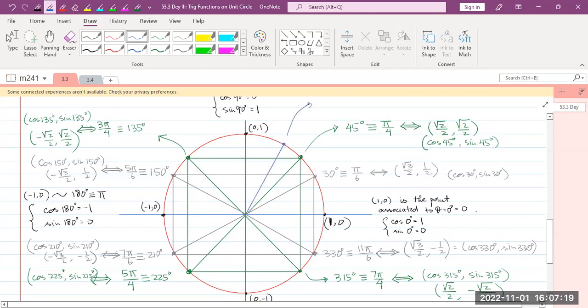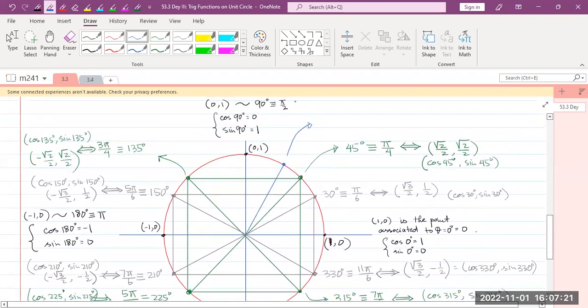For this one here, 60 degrees corresponds to pi over 3 in radian. Then cosine 60 degrees, sine 60 degrees is 1/2, comma, radical 3 over 2. Now we know cosine 60 degrees is 1/2, sine 60 degrees is radical 3 over 2.